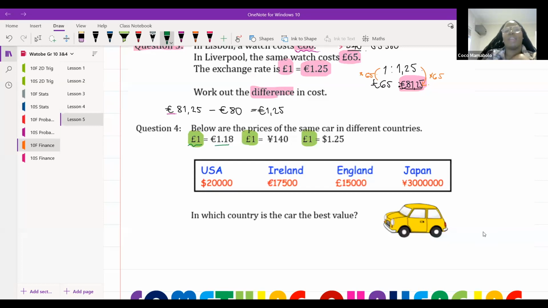And then they talk about pounds again. 1 pound is to this many yen. And then 1 pound is to that many dollars. So in all of them, we're going to use pounds as our ratio. So that means when we look at England, this one we don't actually have to convert. That's the one we're going to use to convert all the others.